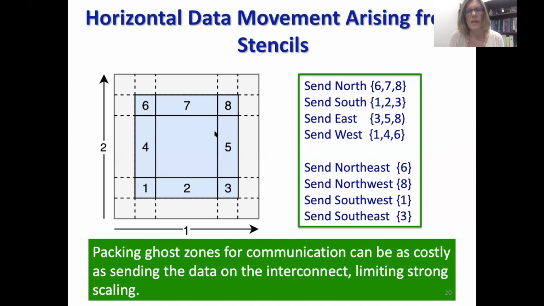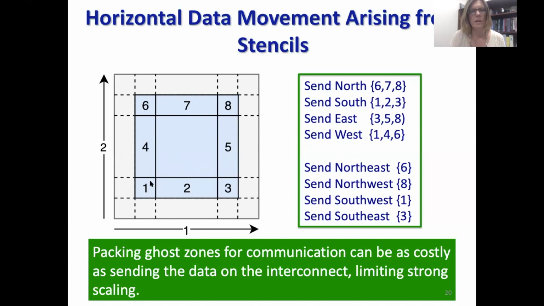This slide looks at horizontal data movement arising from stencils. Here on the left, you can see the blue area is a surface of the stencil domain that's assigned to a node. And we've numbered them so that we can talk about them with the messages that we want to send.